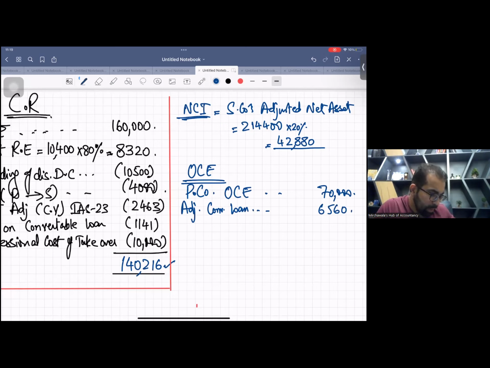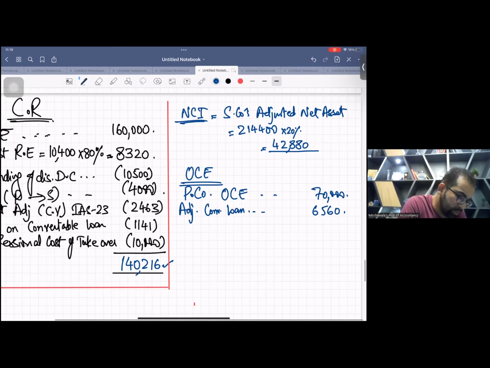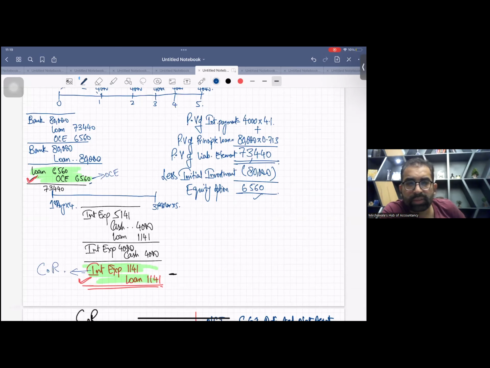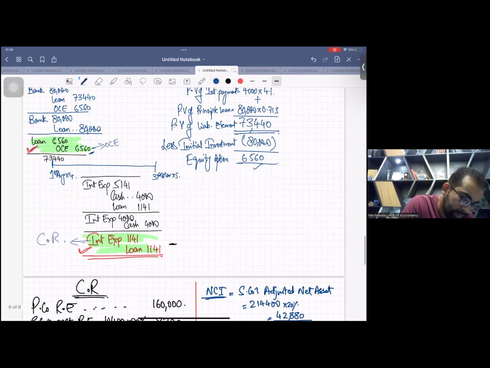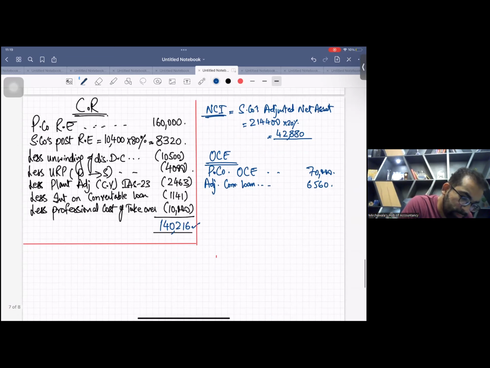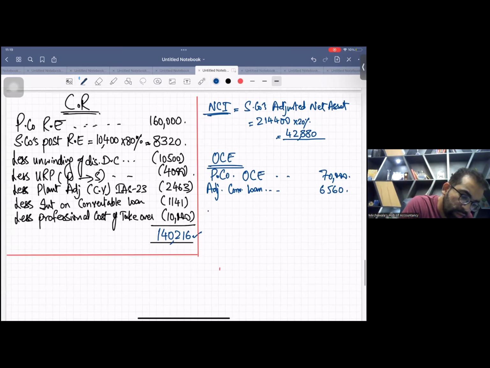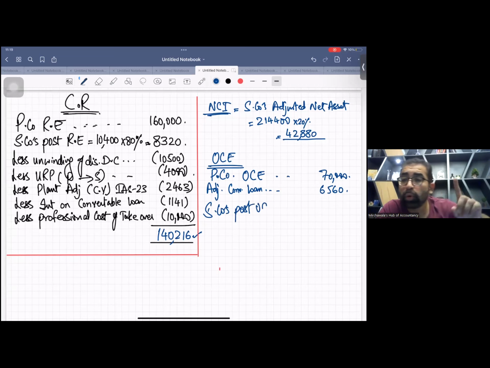Let me show you. I have the evidence. See 6560. This adjustment we just did, students. We added 6560. And now S company's post-acquisition OCE. There is no post-acquisition reserve for OCE for S company in this question. Why? Acquisition date, see the question if you have.